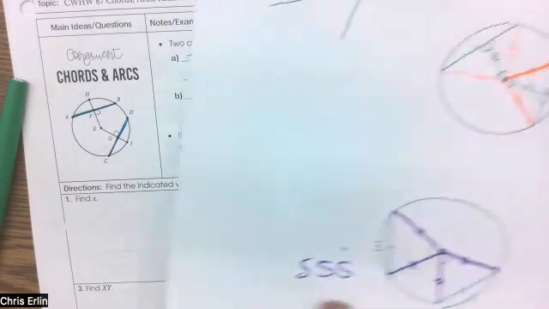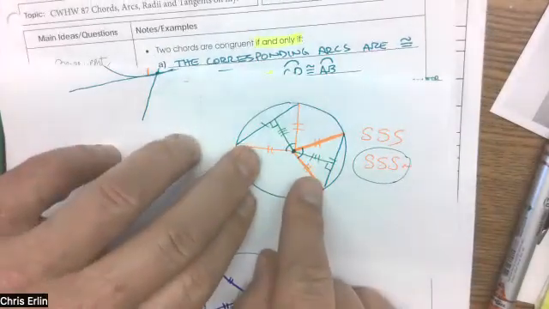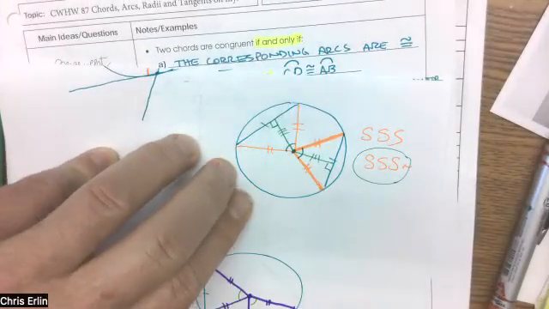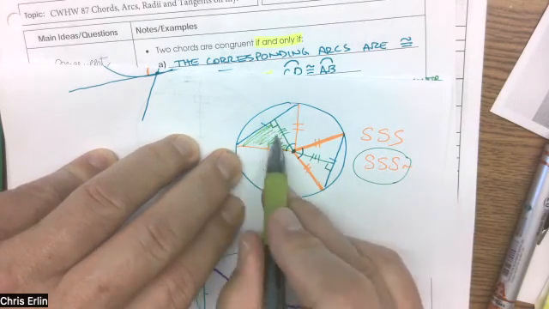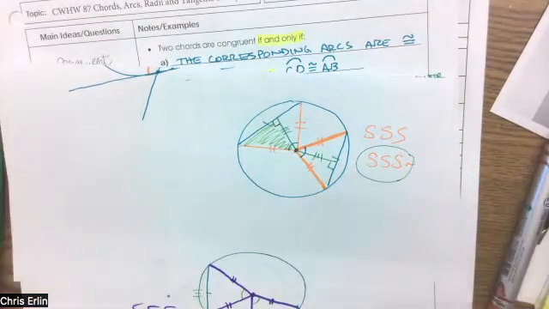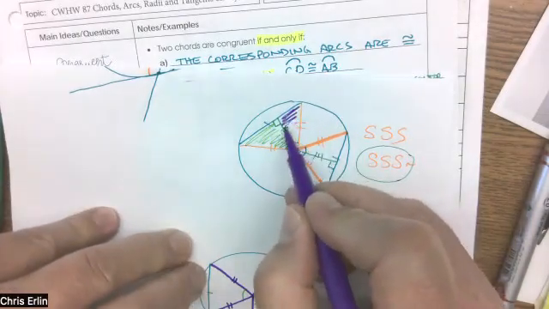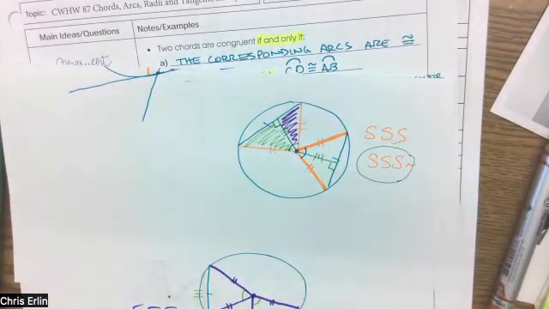All right. Let's go back to this picture again. See this little triangle here? And this triangle here? Anything true about those two? They're similar. Why?